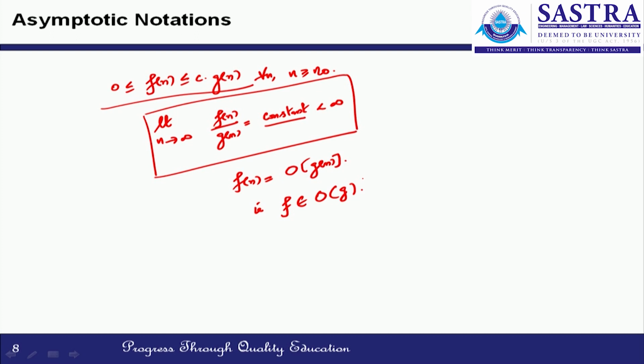We can say g of n is an asymptotic upper bound for the function f of n.